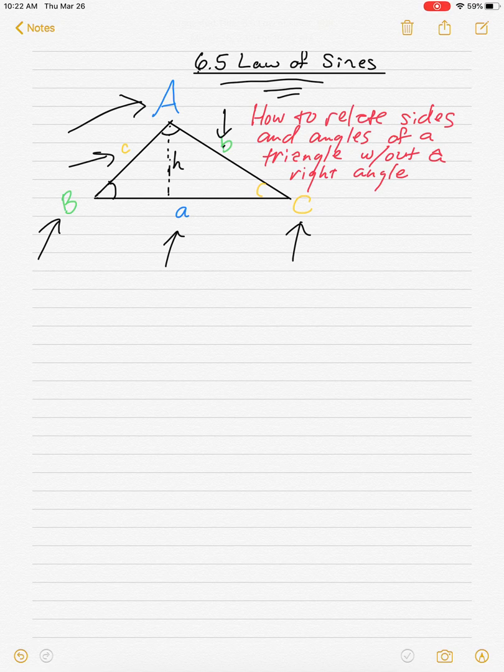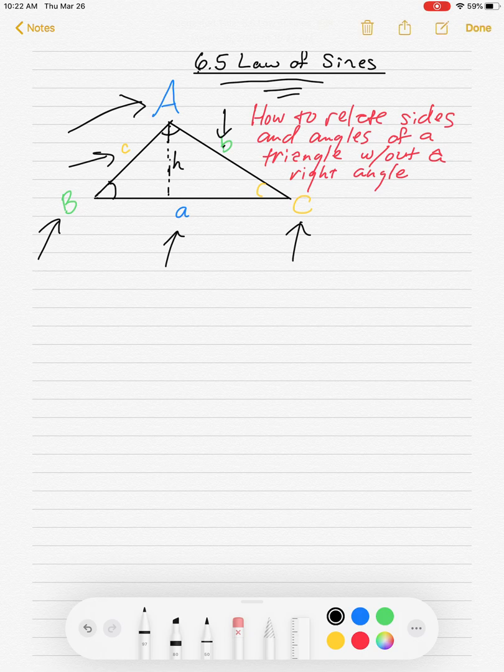And then all I've done here is I've drawn in the height. And then I'm going to see what I can do with each of these triangles individually. This is actually a very easy law to come up with. So let me consider first just one of these triangles. First I'm going to look at this triangle on the left side. There I actually have a right triangle.